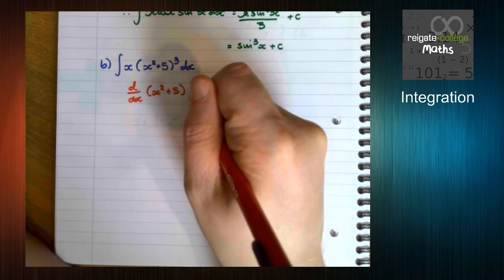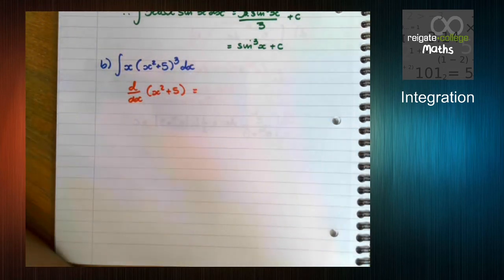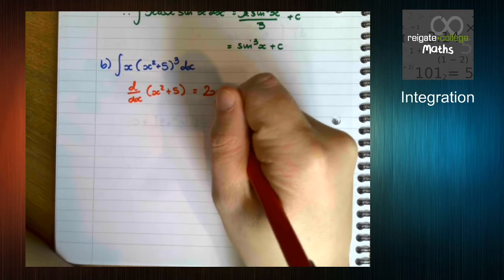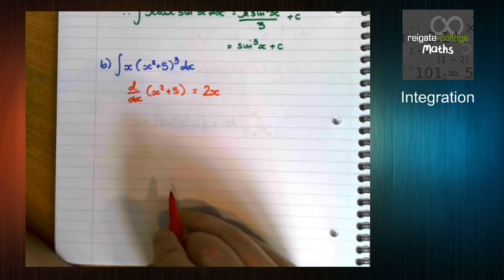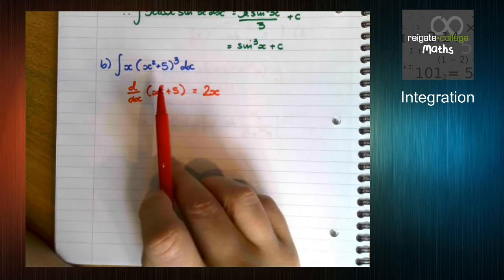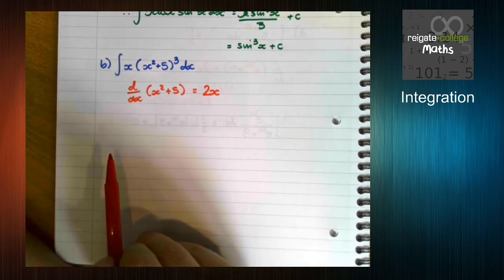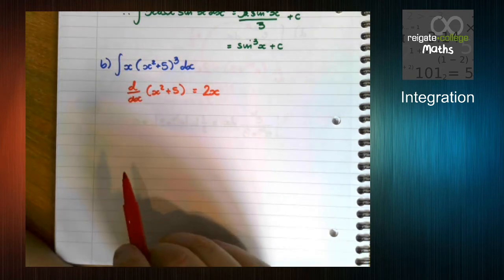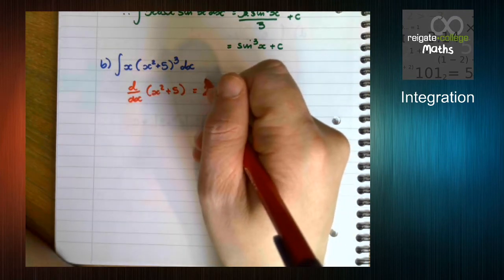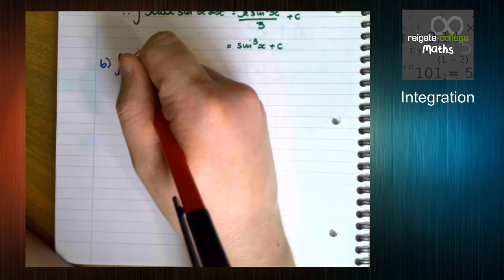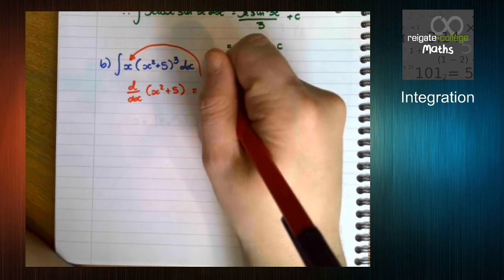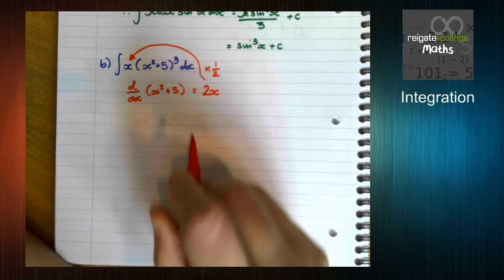So the derivative of x squared plus 5 is 2x. This is not exactly what's on the front. But, like before, let's think how do we get from there to there? We times by a half.